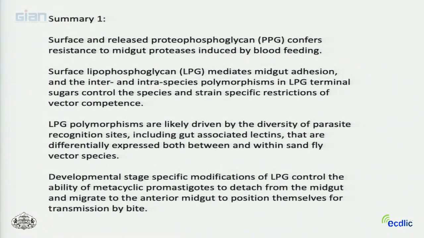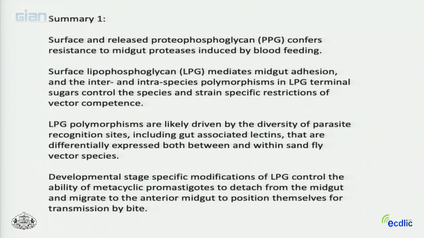The LPG polymorphisms are likely driven by the diversity of these parasite recognition sites, including these gut-associated lectins that are differentially expressed both between and within fly species. The developmental stage-specific modifications of LPG control the ability of metacyclic promastigotes to detach from the midgut and migrate to the anterior midgut to position themselves for transmission by bite.